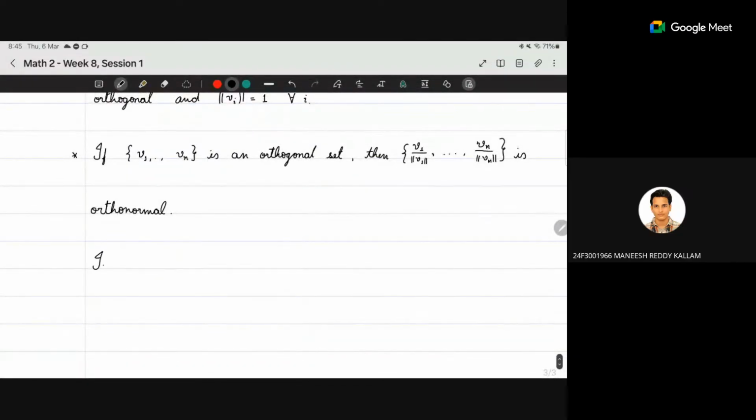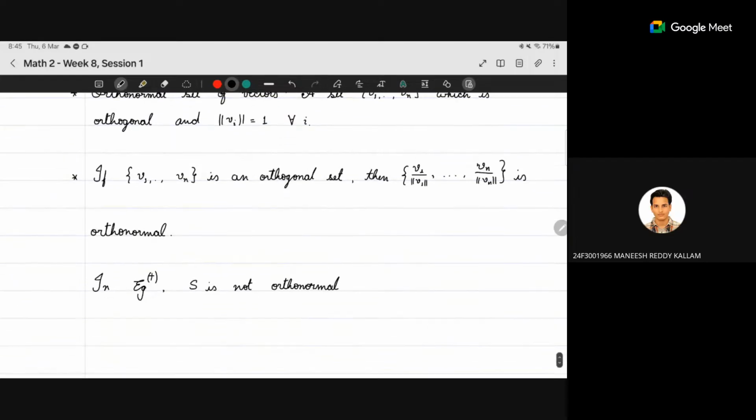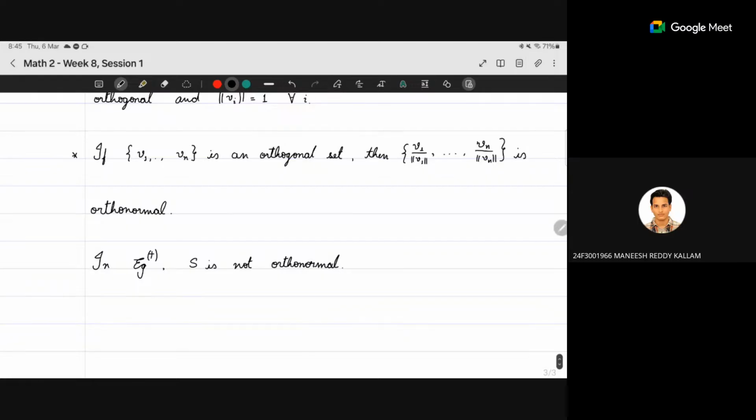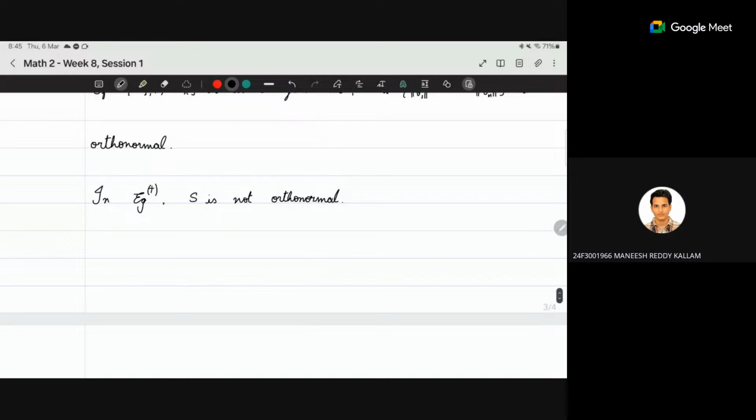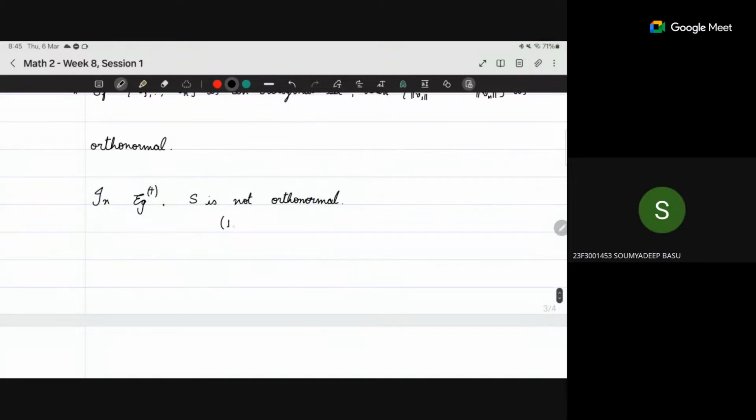So in this example, S is not orthonormal. But since the only obstruction to orthonormality is the length, I can just divide by the length and it will be orthonormal. How will I do it? So what were the vectors which were not unit length?